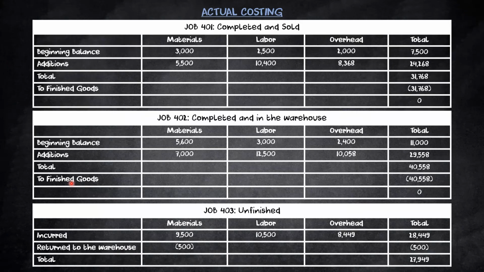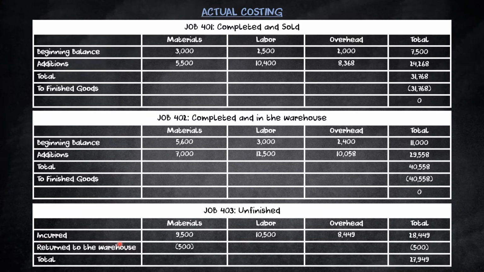And lastly, our job 403. Okay, hindi siya nakompleto, kaya magre-remain siya sa ating work in process account. Hindi rin siya syempre nabenta kasi hindi siya kompleto. And kung makikita nyo, incurred. So, kaya incurred yan kasi wala siyang beginning balances. Because this month, this February lang siya ginawa and sinimulan.